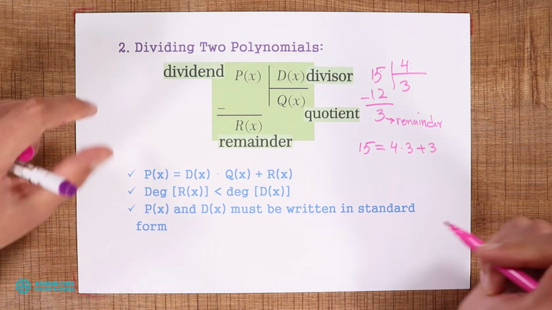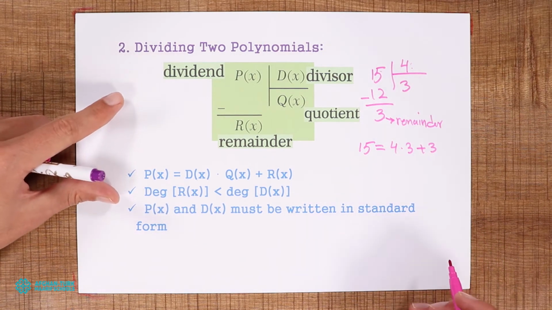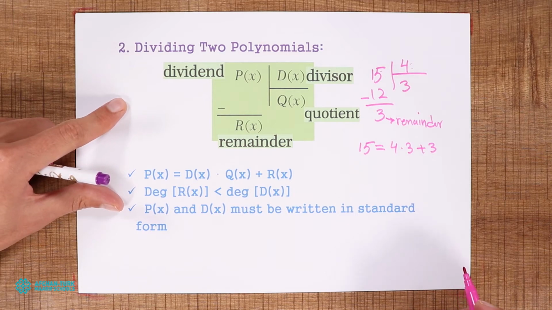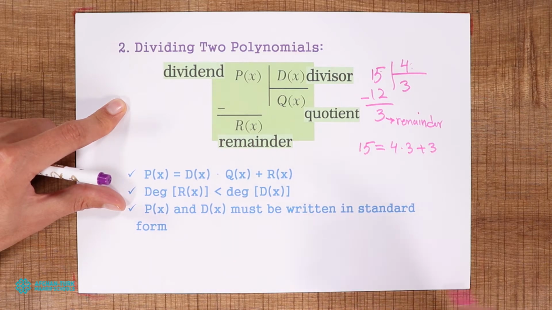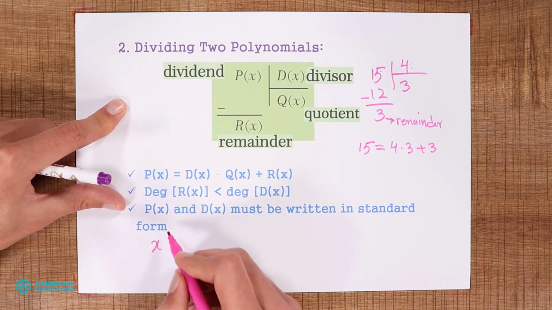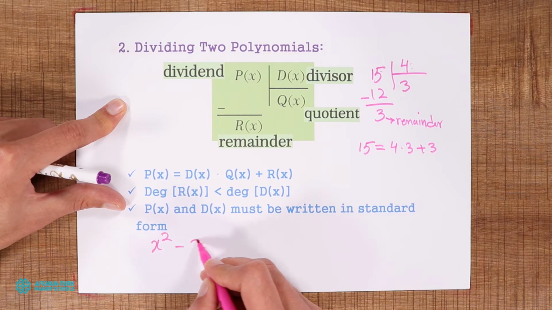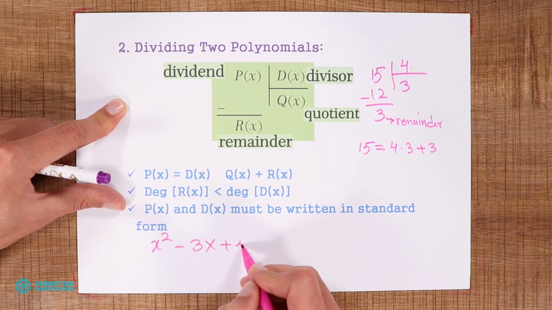A standard form of a polynomial is the written form which starts from the bigger degree to a smaller degree. For example, x squared minus 3x plus 5 is a polynomial in standard form.